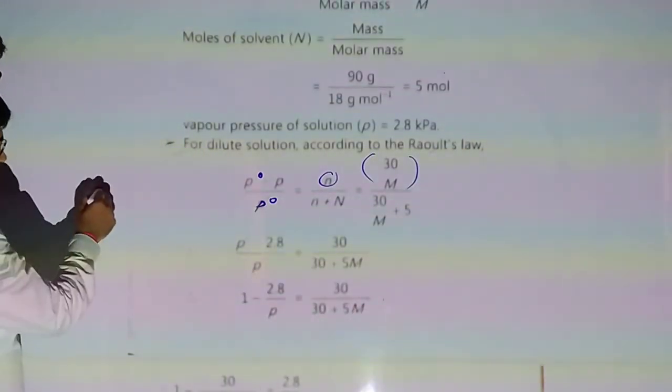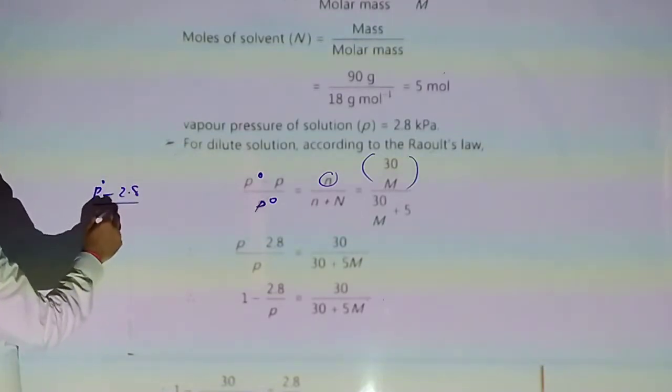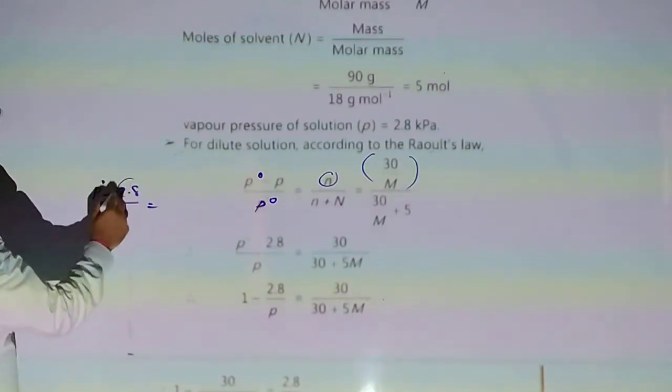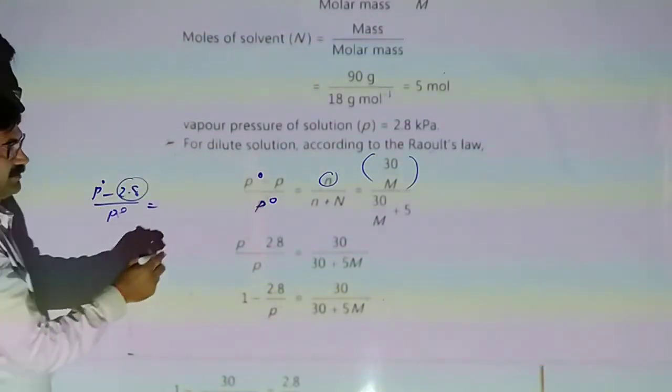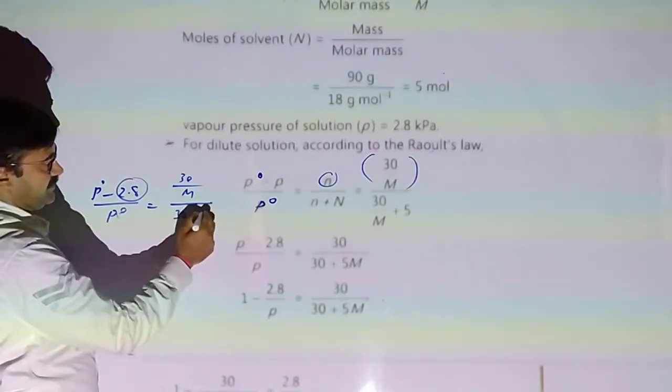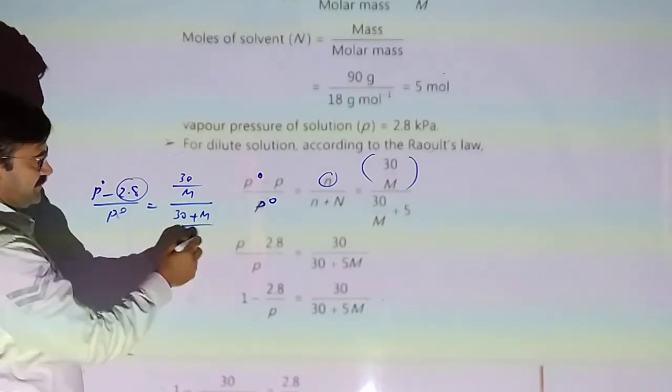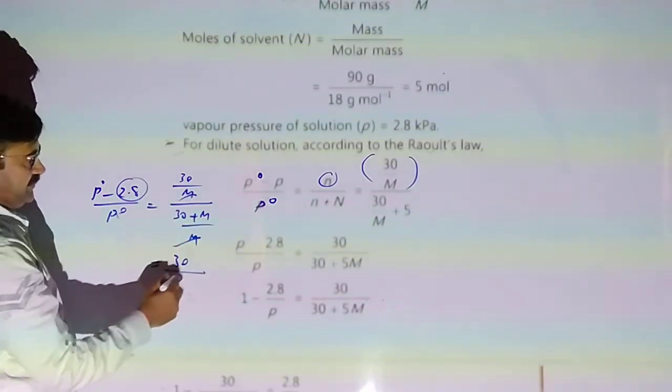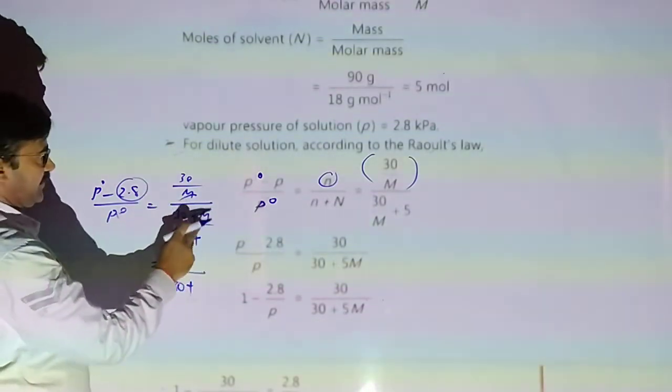So here LCM, P degree minus 2.8 upon P degree. This one in kilopascal, remember. 30 upon M, here LCM, 30 plus 5M by M. M cut. So 30 upon 30 plus 5M.